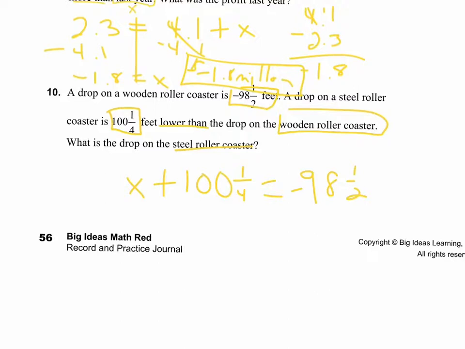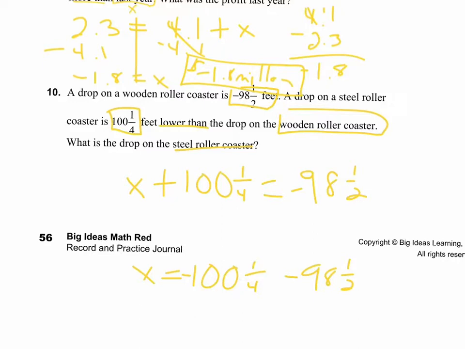If you get this written this way or this way, I do not care if you figured it out this way too. This is fine. So this is negative because it's lower than. 98.5, but you have to have it in one of these two ways, okay? Because you're going lower than, so that 101/4 goes negative 101/4.